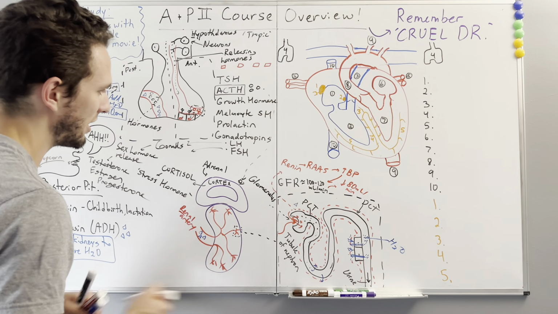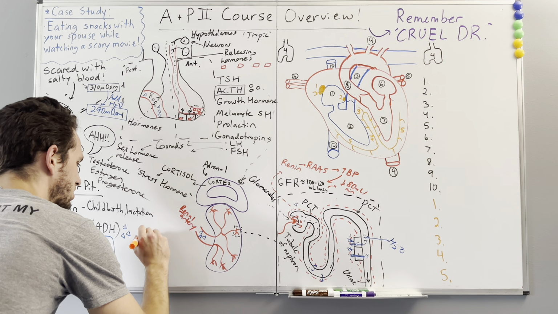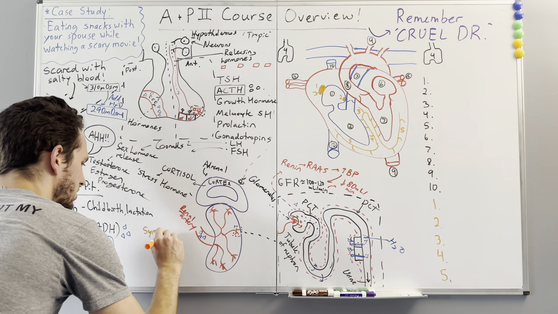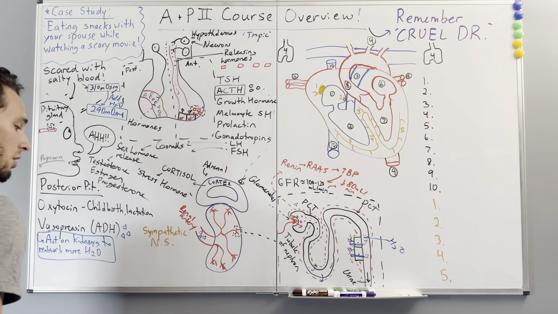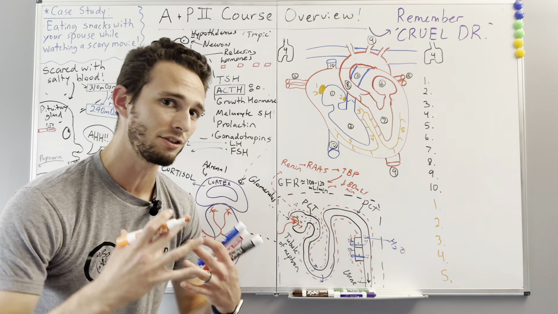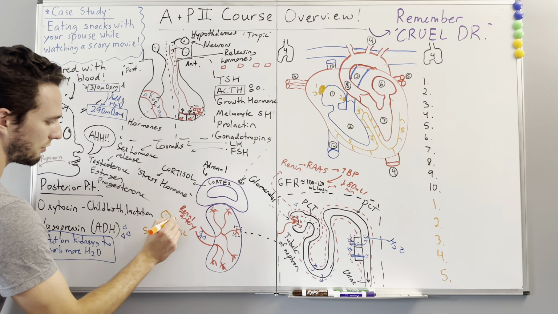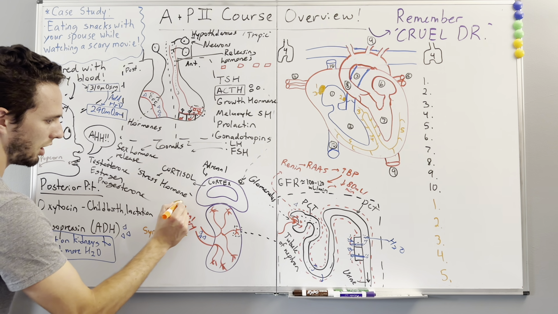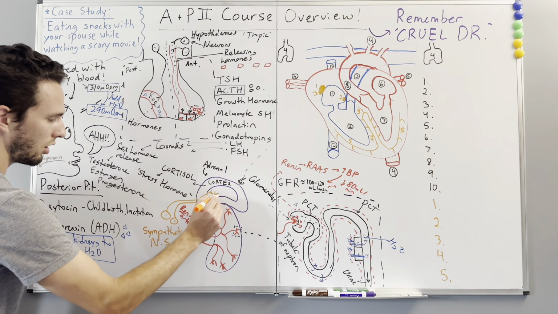We know that you have a division of your nervous system that I'm going to draw down here called the sympathetic nervous system. Your sympathetic nervous system we learned about in the A&P1 review video, and it stimulates your body towards fight or flight. There are neurons that will branch off your sympathetic divisions and communicate specifically with the middle part of the adrenal glands.